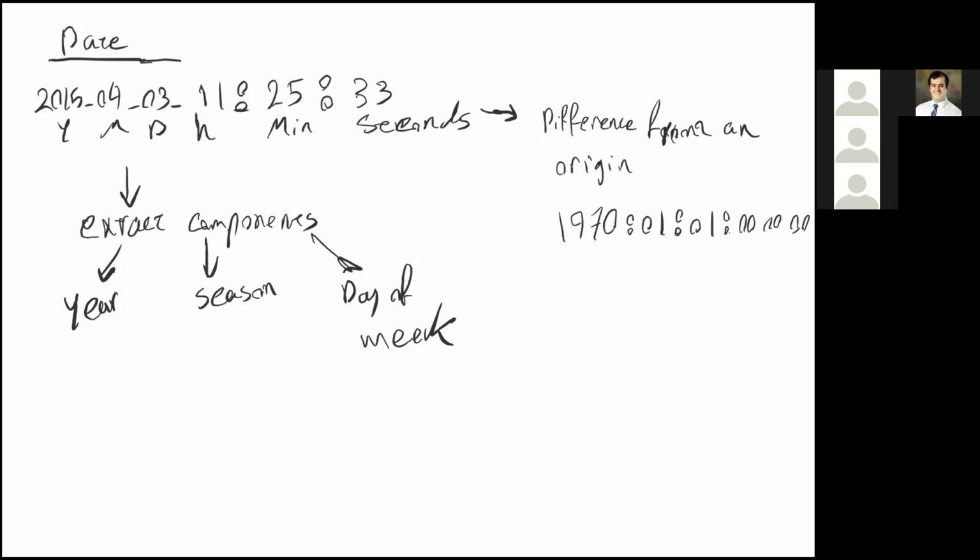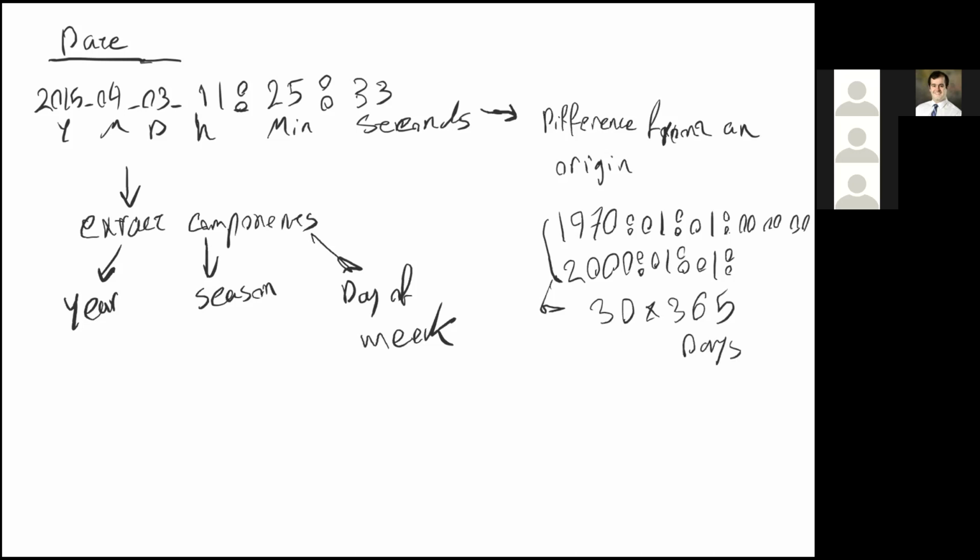This is an arbitrary origin. If you are not happy with that, you can make it 2000, but it doesn't matter. Let's say I'm looking at year 2000, January 1st. So the difference is 30 years times 365 days.